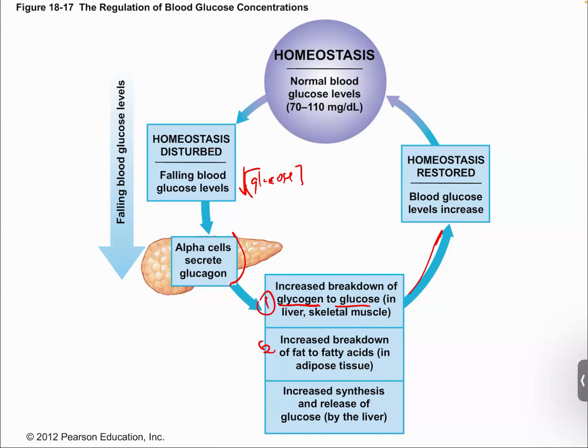So that's number one. Number two is it's going to go after fatty acids. So it's going to take some of those fats in the adipose tissue, and it's going to break it down into fatty acids. That's going to increase your blood glucose levels because you can convert fatty acids, those little 2 carbon chunks, into glucoses. And then it'll stimulate the synthesis, right?